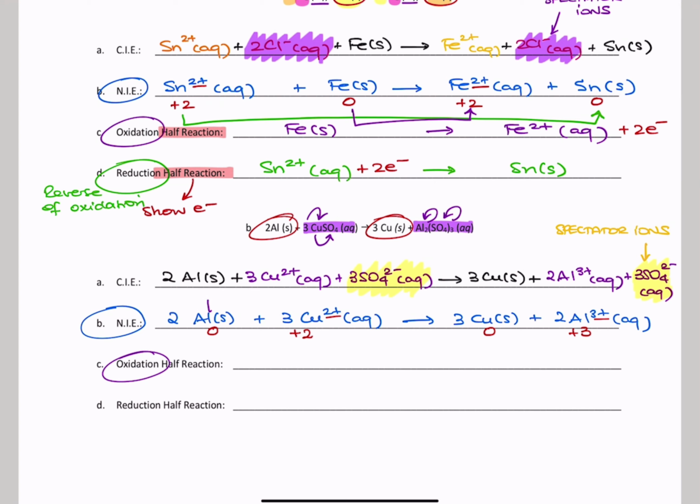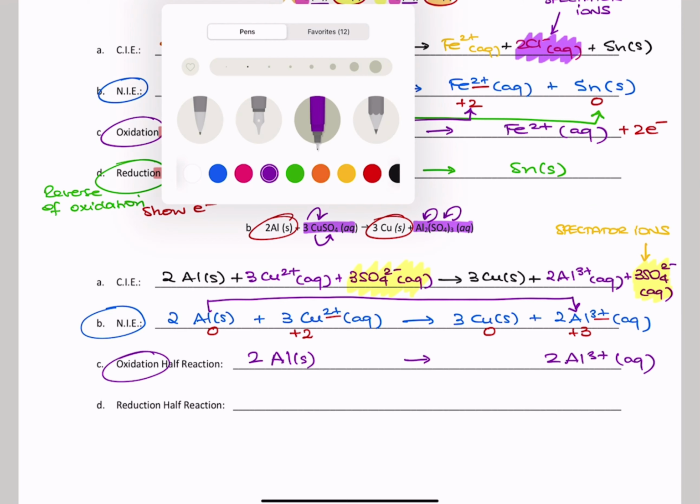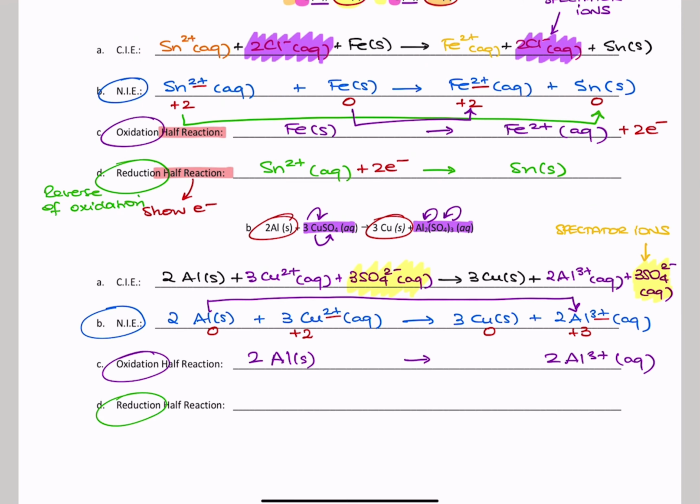Aluminum went from 0 to +3, so aluminum is oxidized. Aluminum solid gives aluminum aqueous. And on the other hand, copper will be reduced, going from +2 to 0. And we're going from 3 Cu2+ to 3 Cu solid.